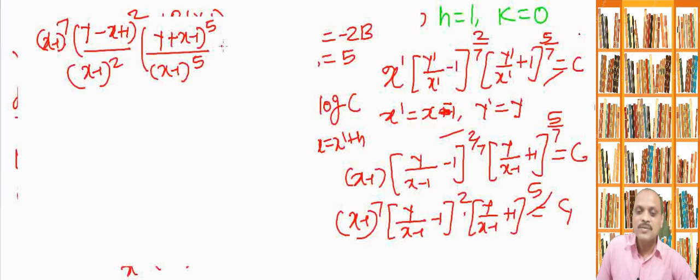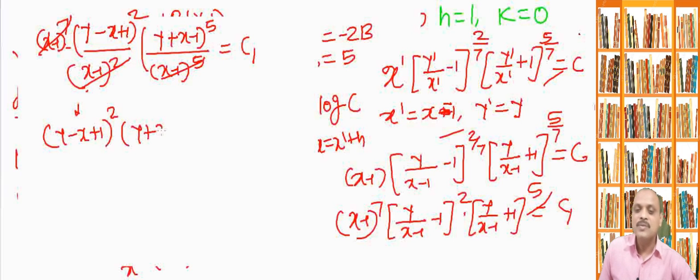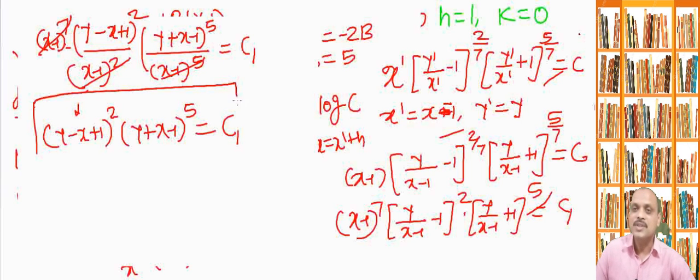Now (x − 1)² and (x − 1)^5, this and this will be cancelled, and we arrive at (y − x + 1)² (y + x − 1)^5 equal to C1. This is the solution of the non-homogeneous equation.